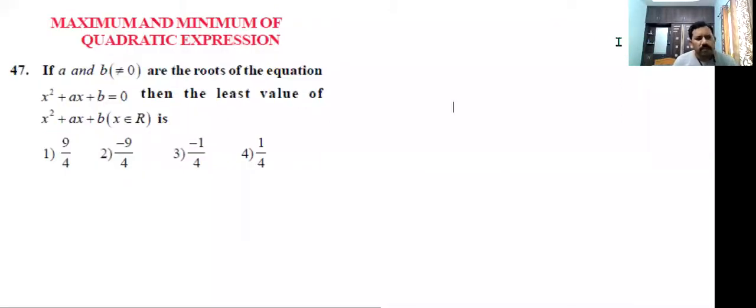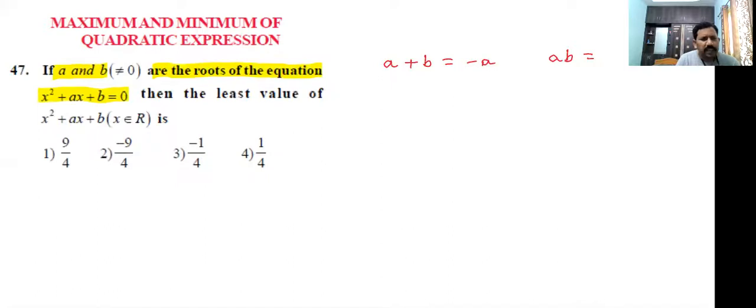This is a level 2 47th question, maximum and minimum related. Read the question carefully. If A and B are the roots of the equation x square plus ax plus b is equal to 0, first we need to find the sum of the roots and the product of the roots. Sum of the roots is -a.